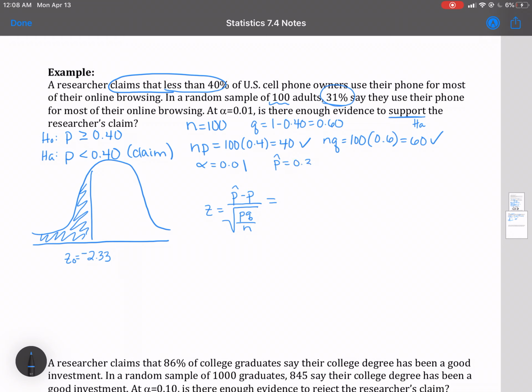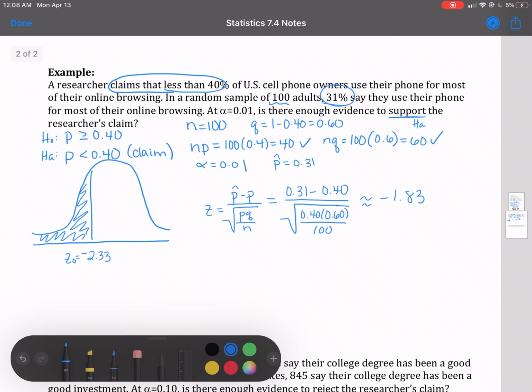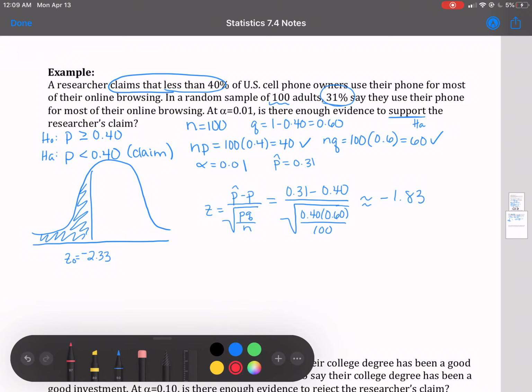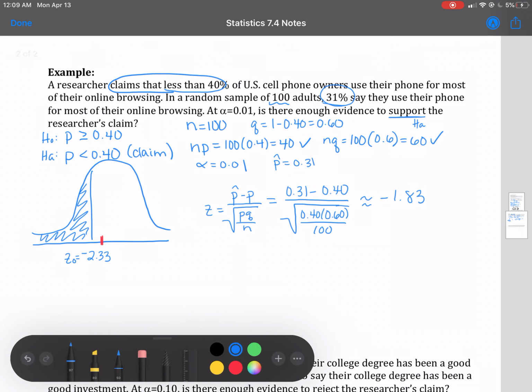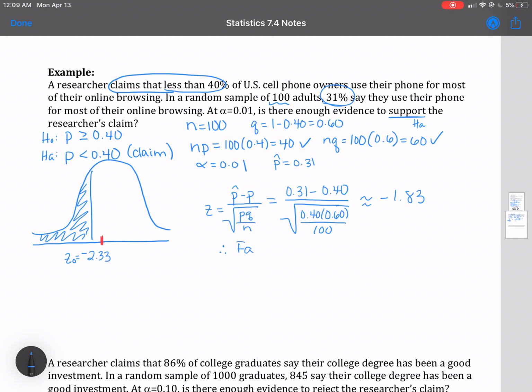So 0.31 minus 0.40 divided by the square root of 0.40 times 0.60 divided by 100. Okay, and if you plug that in your calculator, you get negative 1.83. So if we look at our graph, that would fall to the right of negative 2.33, which tells us that we're going to fail to reject.